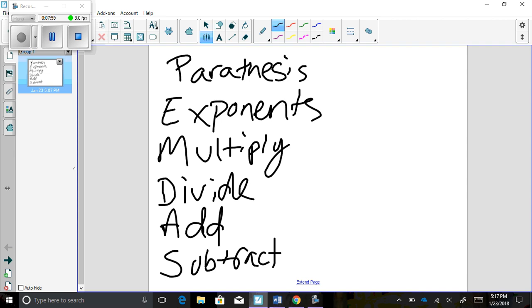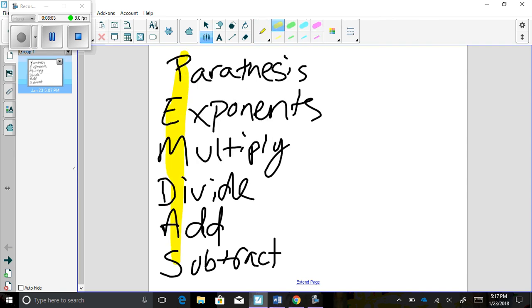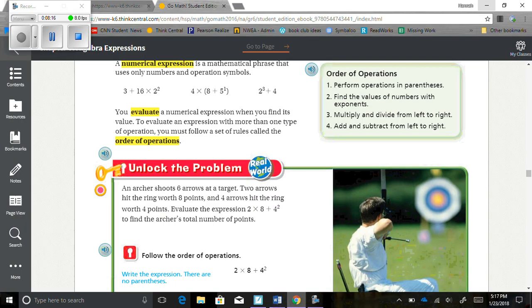But we think of it as PEMDAS. Okay, so that tells me what comes first, what comes second, what comes third, and so on in my problem or my expression.